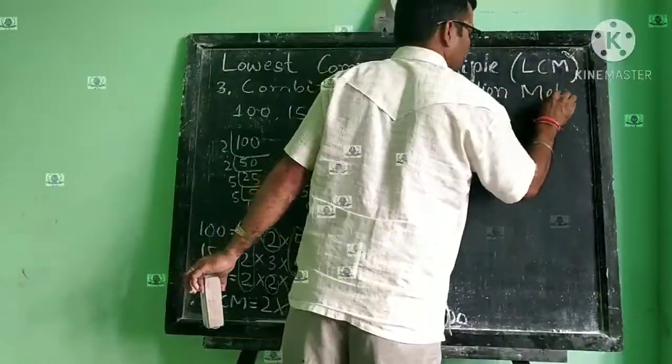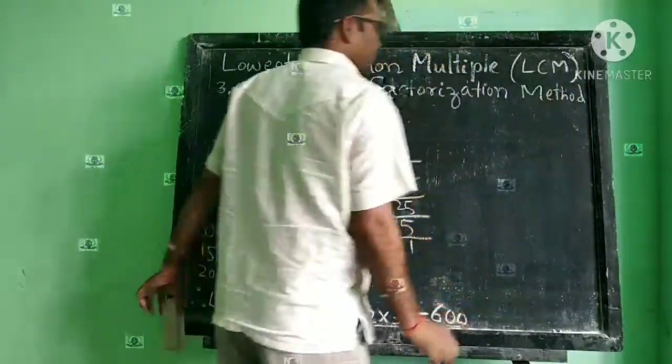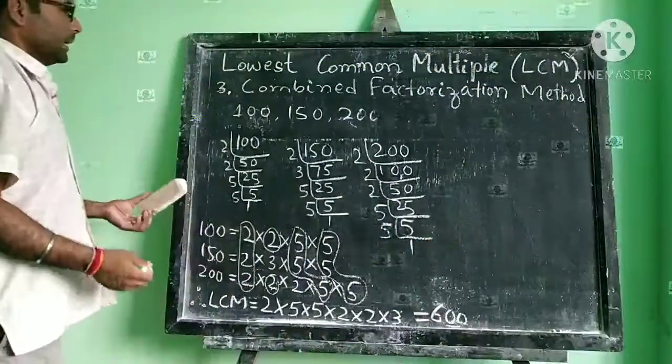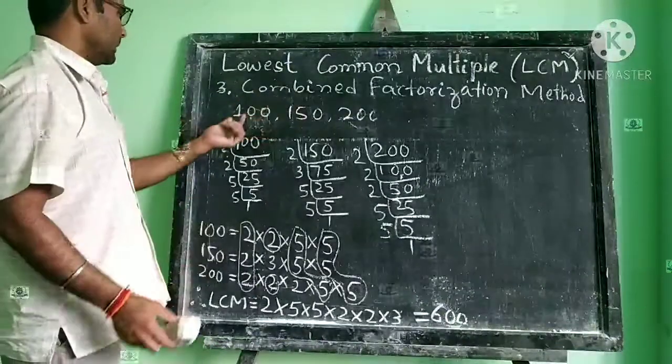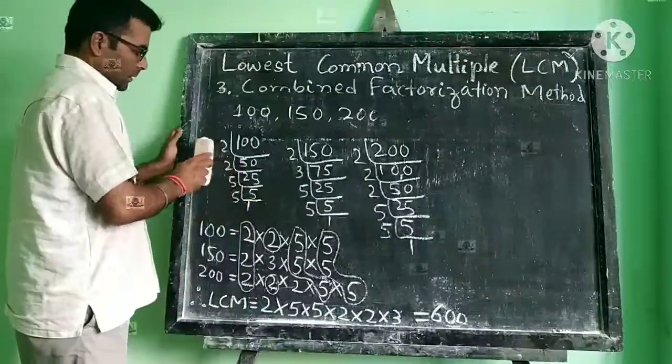This is the third method that we are going to learn to find LCM of the same numbers, that is 100, 150 and 200.